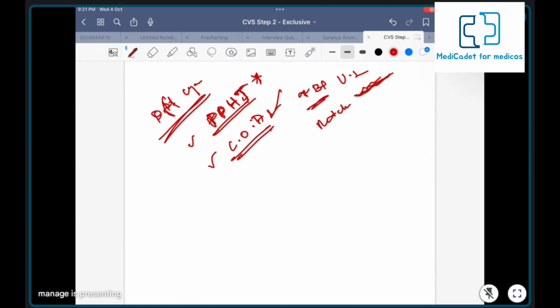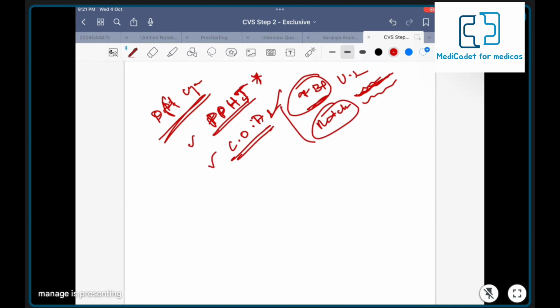If it is an adult, they will tell you about headache, renal failure and everything. But in babies, it's mostly going to be increased blood pressure or rib notching. This is a side note you can remember.